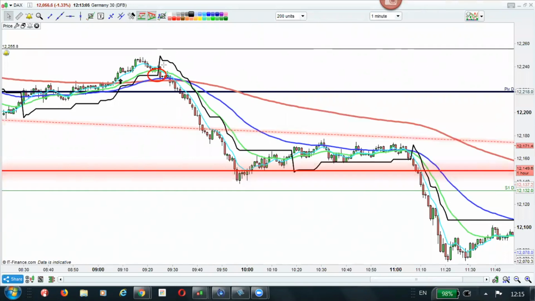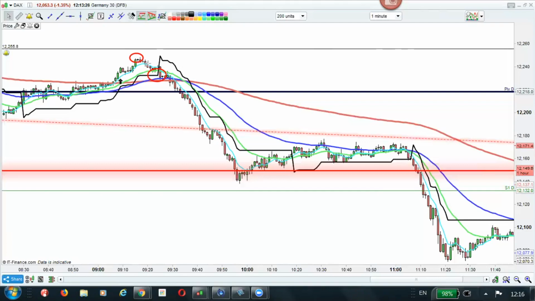Then the stop was up here, at this point. The risk was that if the price did start to go back up again, we would have closed the trade at that point. So we're only really looking at an absolute maximum of about 15 pips risk here.